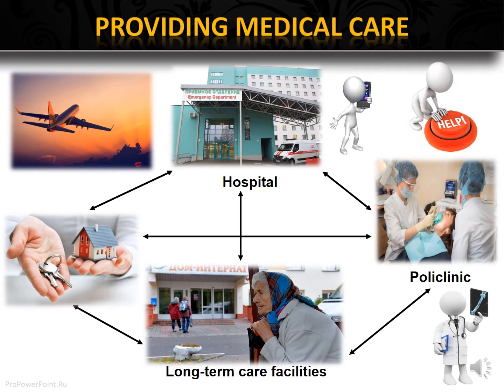So we can't use the terms hospital or nosocomial infection, because they don't include polyclinic or long-term care facilities, or home medical care, or other situations, and we need a term that can describe situations with infected medical staff.